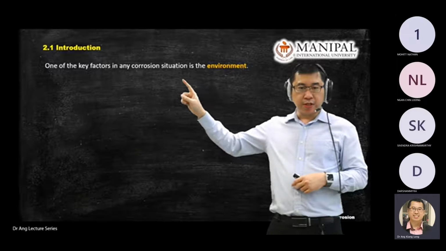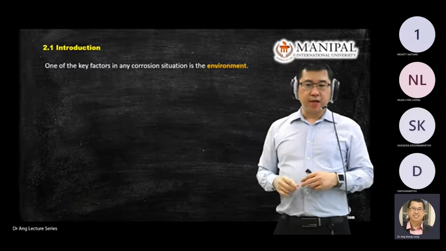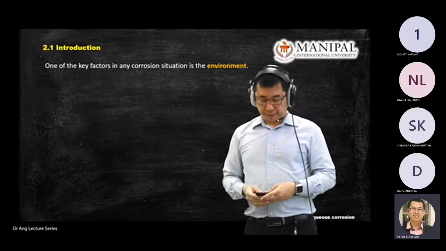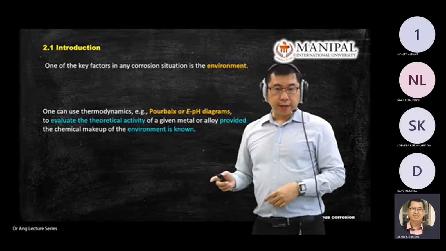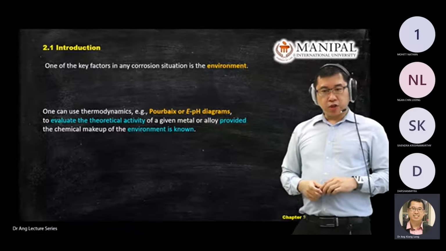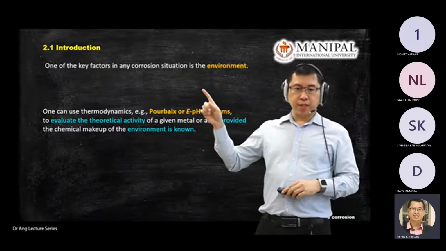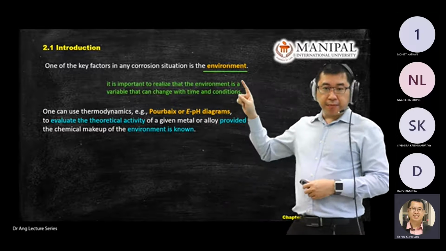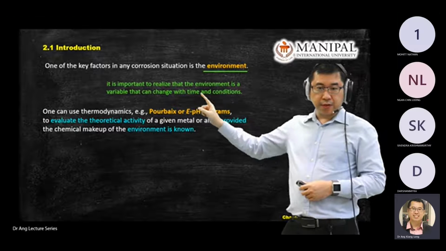So the first condition when we talk about aqueous corrosion is the environment. Okay. Now the next question is, how do we measure? I think I missed out one. Okay. So for environment, you can read from here.